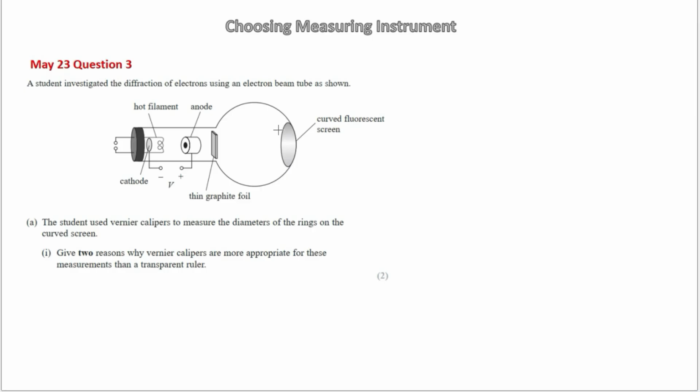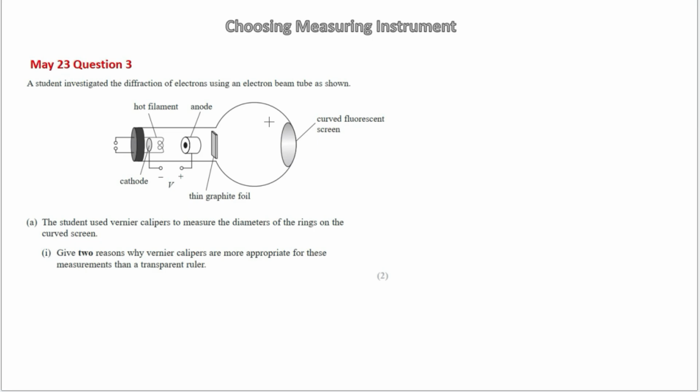This is one point. The other point is the vernier caliper has a higher resolution, and I see so many students all around the world getting confused with higher resolution and smaller resolution. Because in the mark scheme, sometimes they say smaller resolution. For example, this year they said the vernier caliper has a smaller resolution. But in other, more recent papers, they say the vernier caliper has a higher resolution than a meter rule. So what's the difference?